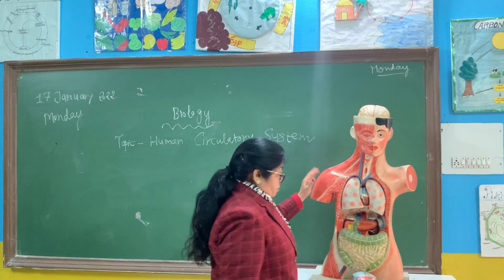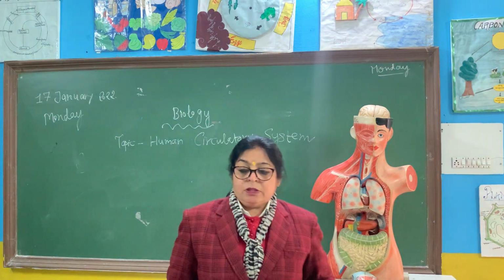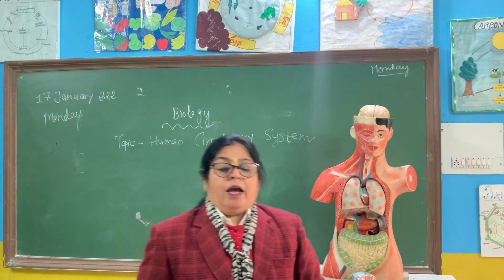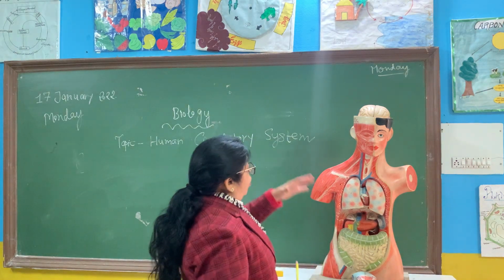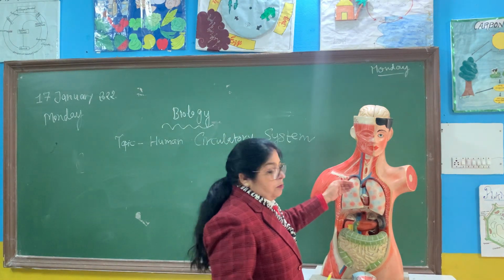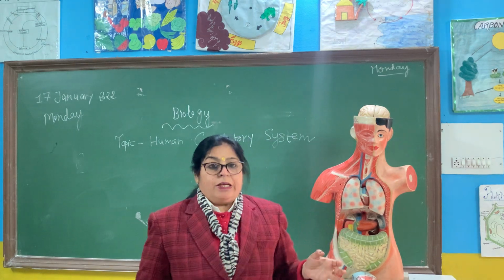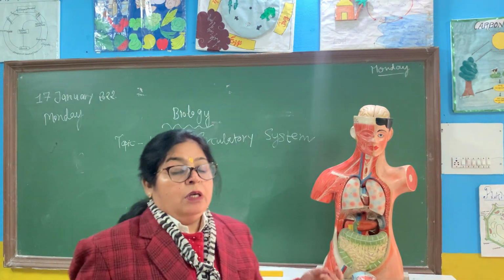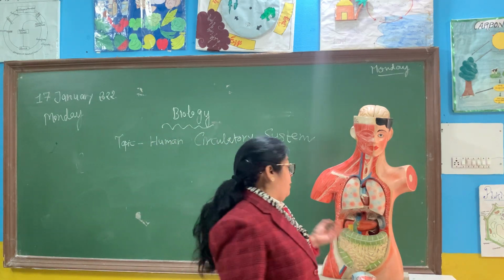It is tilted to the left side. It has four chambers, two atria as well as two ventricles. From all over the body, the blood comes into the heart through the blood vessels named the arteries, veins as well as the capillaries.